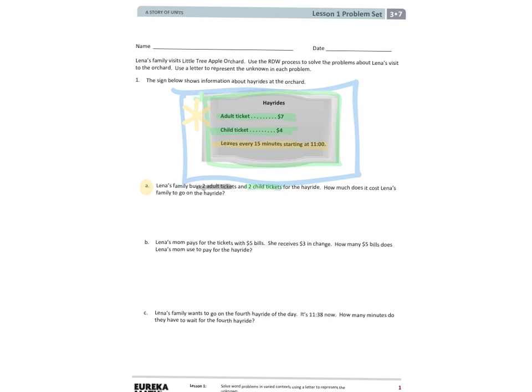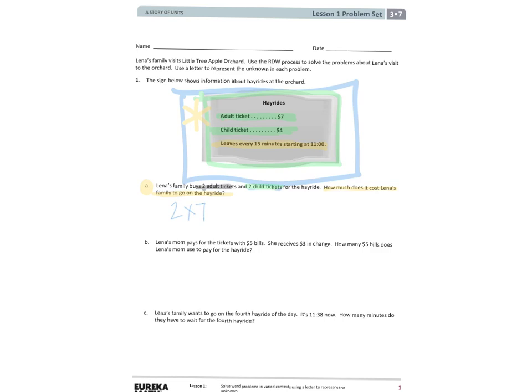And my question is, how much does it cost Lena's family to go on the hayride? So I'm going to come back up here, and I see an adult ticket costs $7, and they need 2 adult tickets. So I'm going to write 2 times 7.